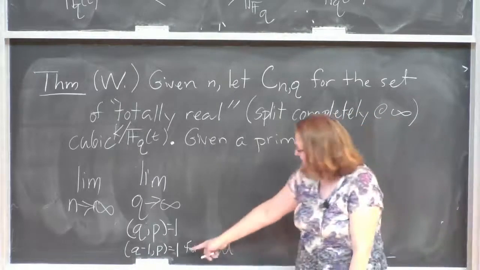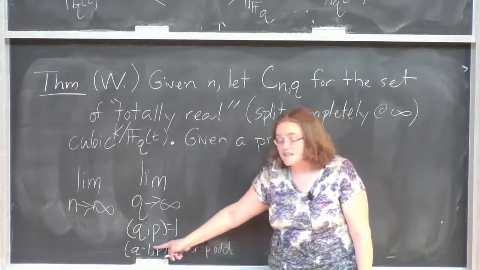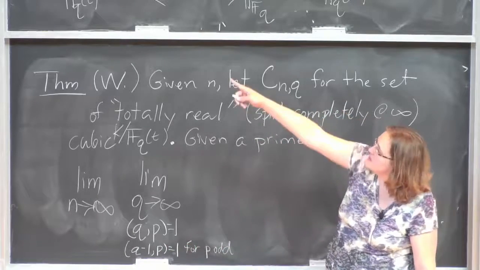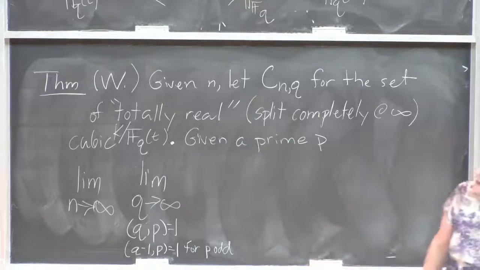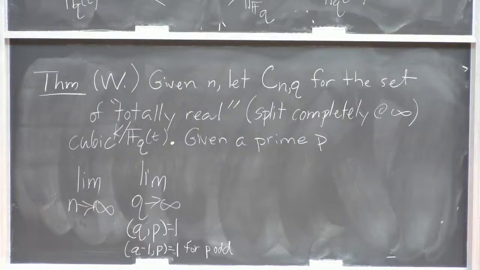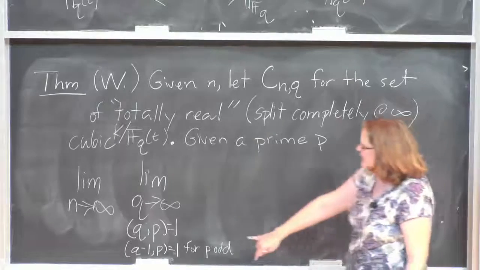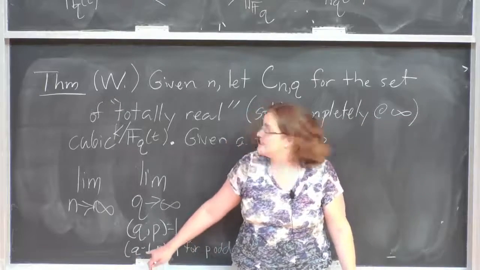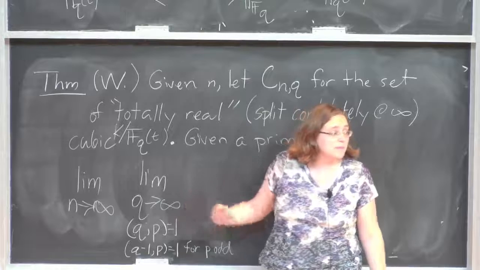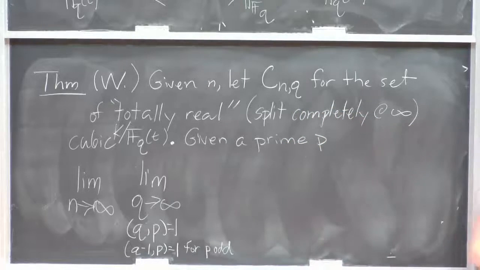So I'll only require it for p odd. And the reason that I'm requiring this is I mentioned this observation of Malle that once you start having pth roots of unity, things are changing. And when p divides q minus 1, this field F_q(t) has pth roots of unity. So I said these F_q(t) were supposed to be all like the rationals. But they're not all quite like the rationals because sometimes they have roots of unity that the rationals don't.